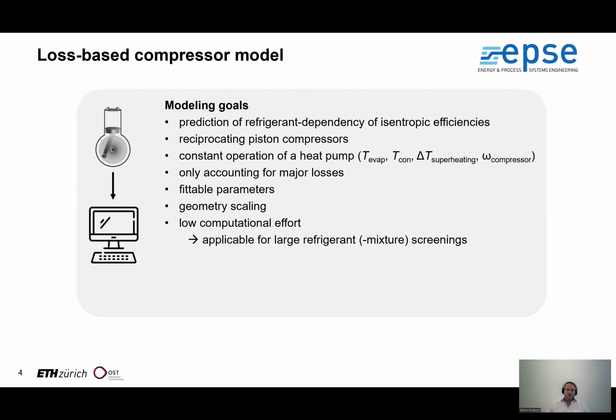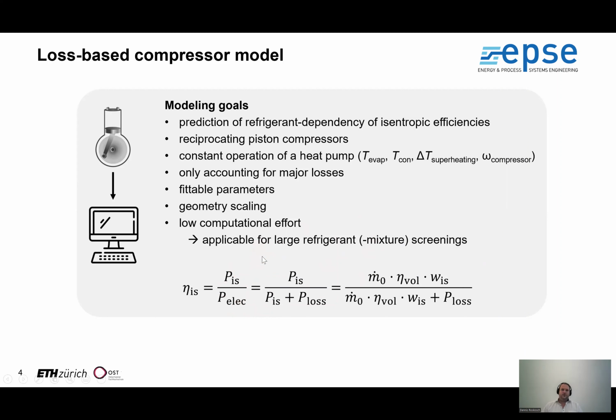So one definition of the isentropic efficiency that we also want to use is that we divide the isentropic power by the electric power, and the electric power can be written as a sum of, again, the isentropic power and a loss power.